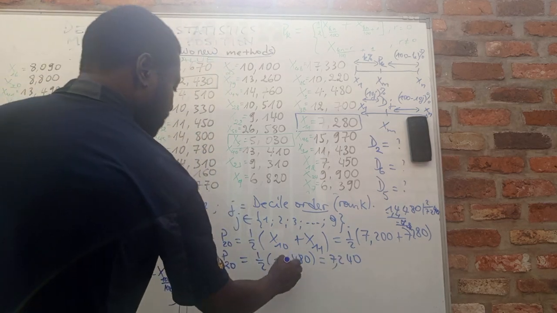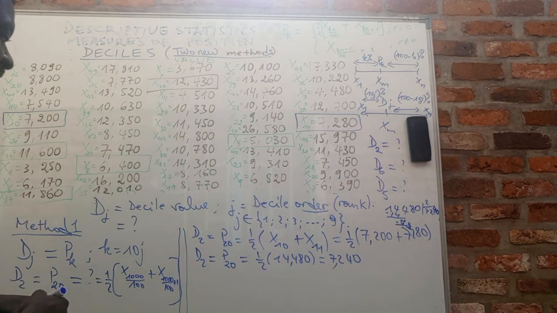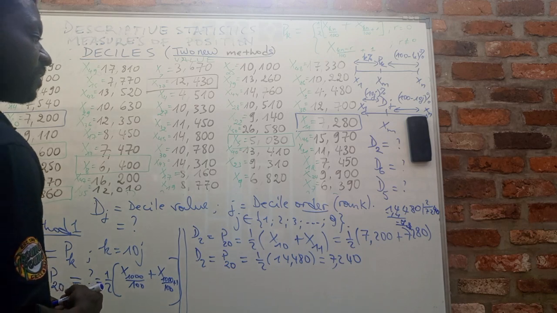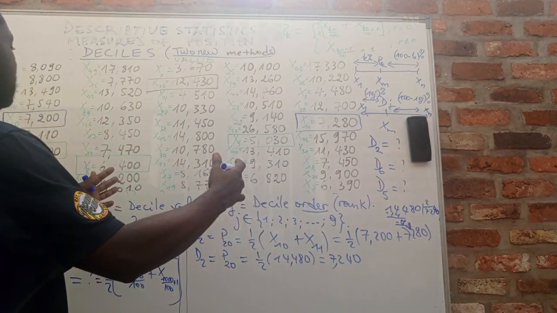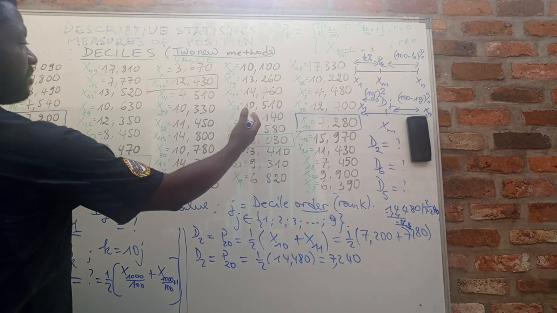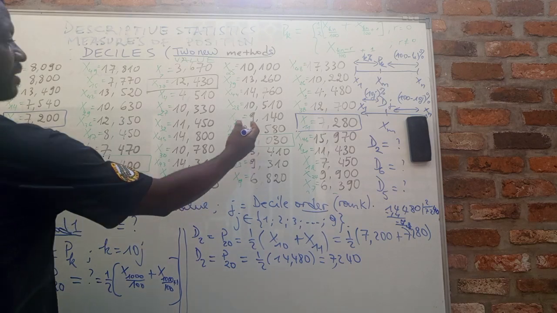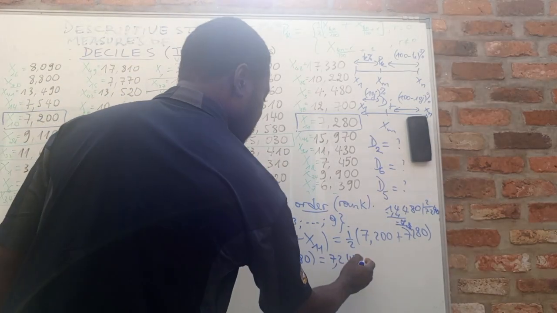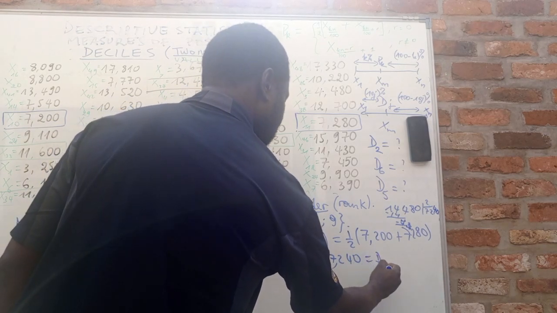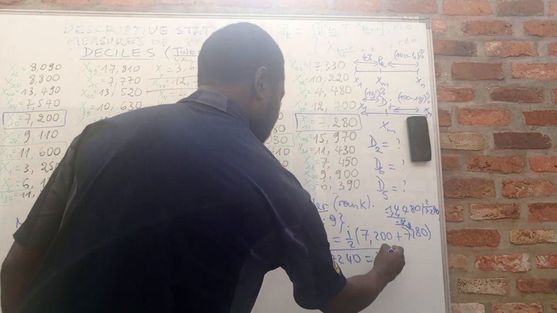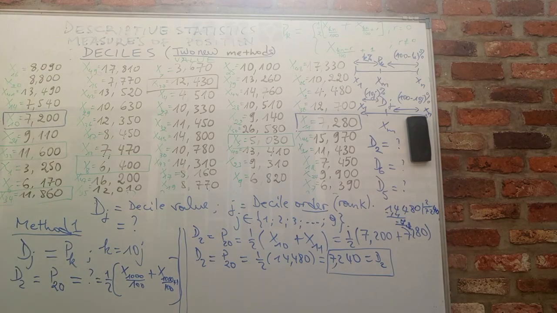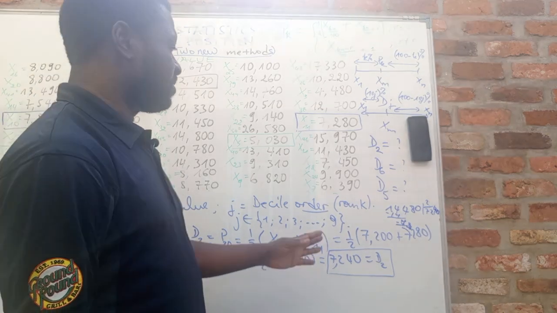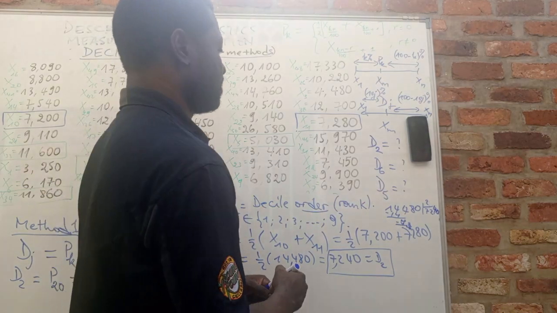So it is midway between the 10th element and the 11th element, and that one is D2, the decile of order 2. You can also do this for D6.